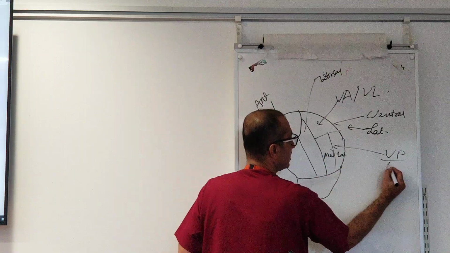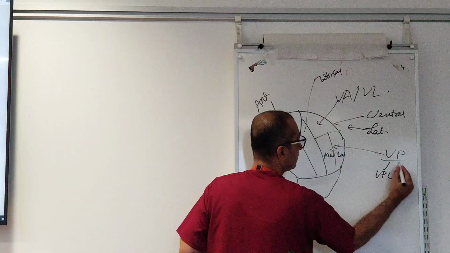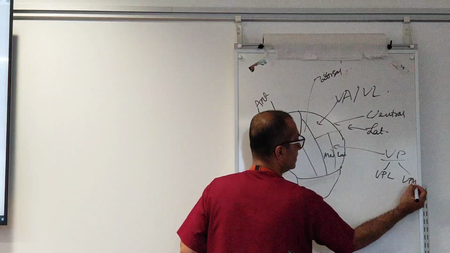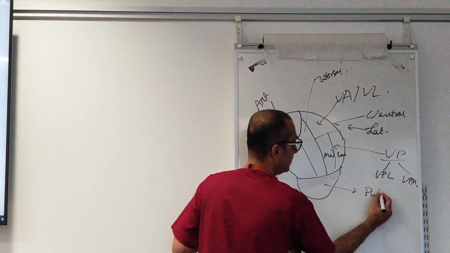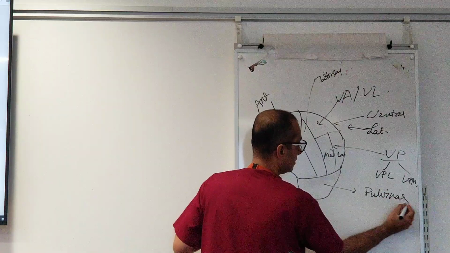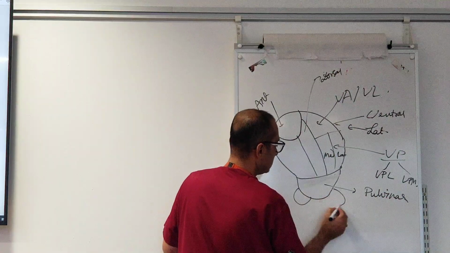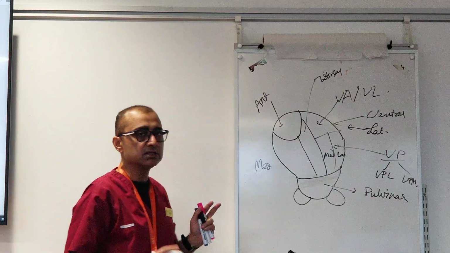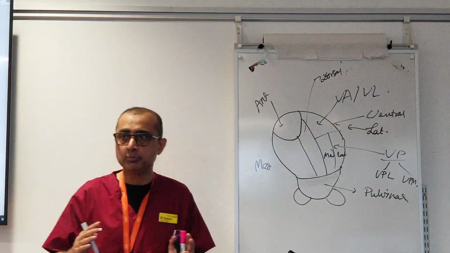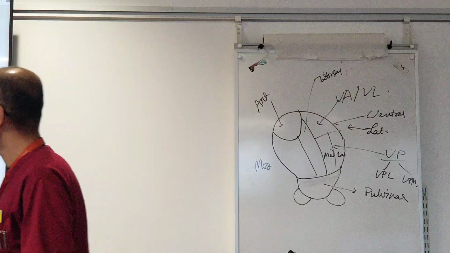So ventroposterior has got ventroposterolateral, ventroposteromedial. And this part is pulvinar, and then medial geniculate nucleus, lateral geniculate nucleus. So that's the key important nuclei in the thalamus.